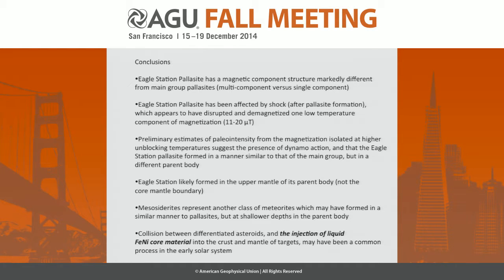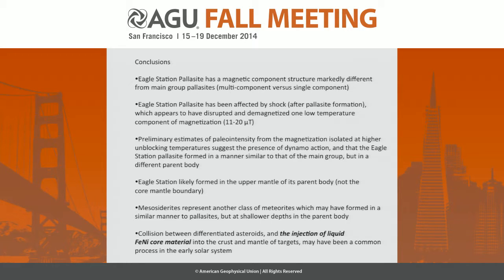As well, it's worth emphasizing that Eagle Station, on the basis of our petrologic and our paleomagnetic data, formed in the upper mantle of its parent body and not near the core-mantle boundary. As well, we have preliminary data on mesosiderites, which also may have formed in a manner similar to pallasites, but even at shallower depths in its own parent body.